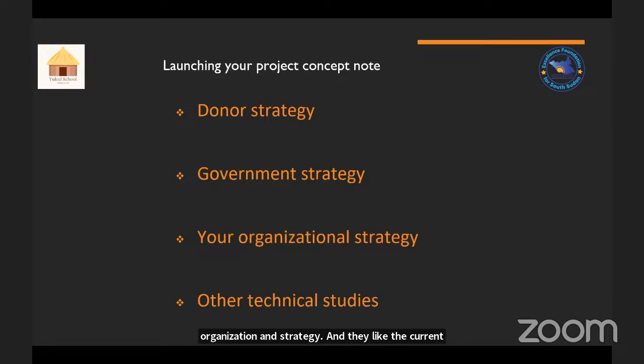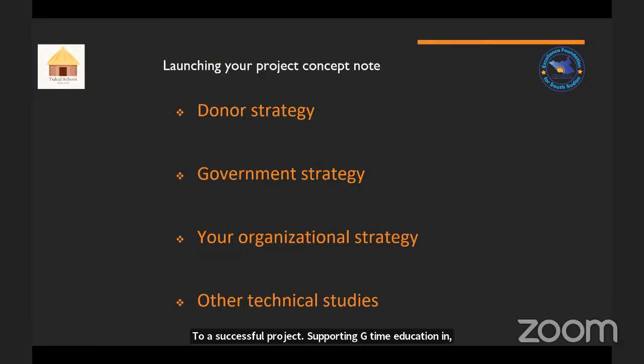Other things that you can also use to guide your concept notes or your full proposals are other technical studies. Maybe someone has just written a very nice paper, or there's a think tank that has written a very good paper on what would really contribute to a successful project supporting girl child education in South Sudan, for example.